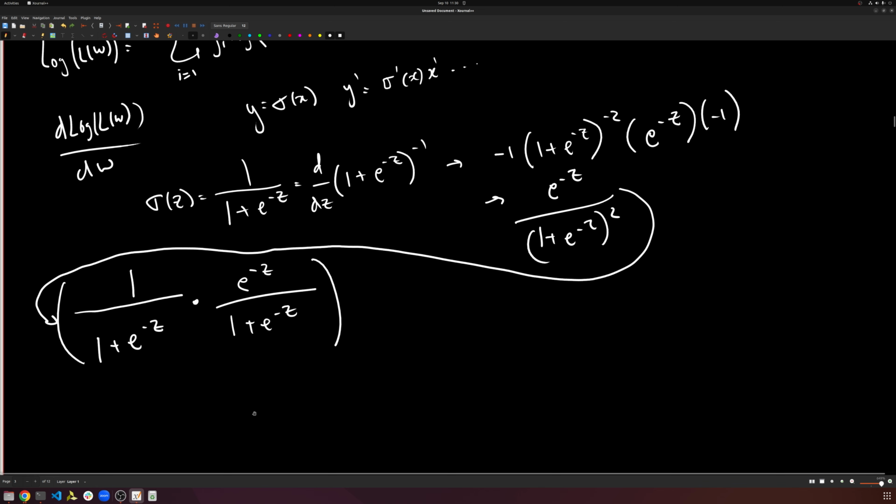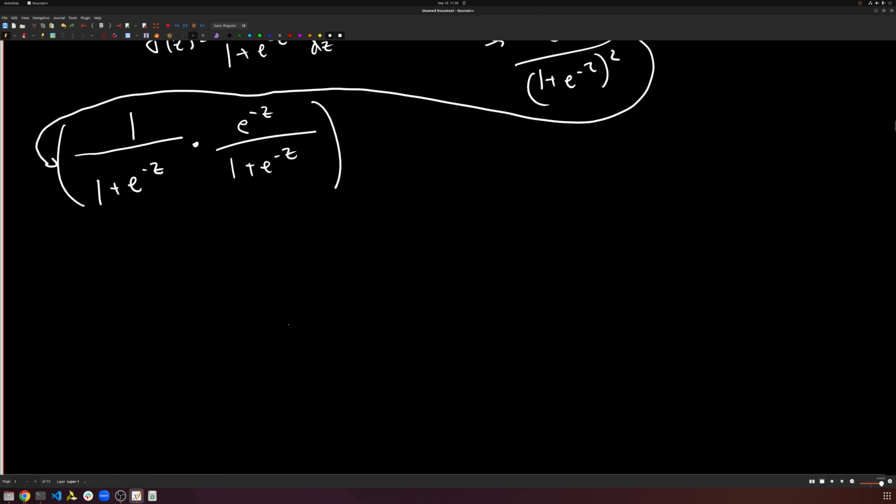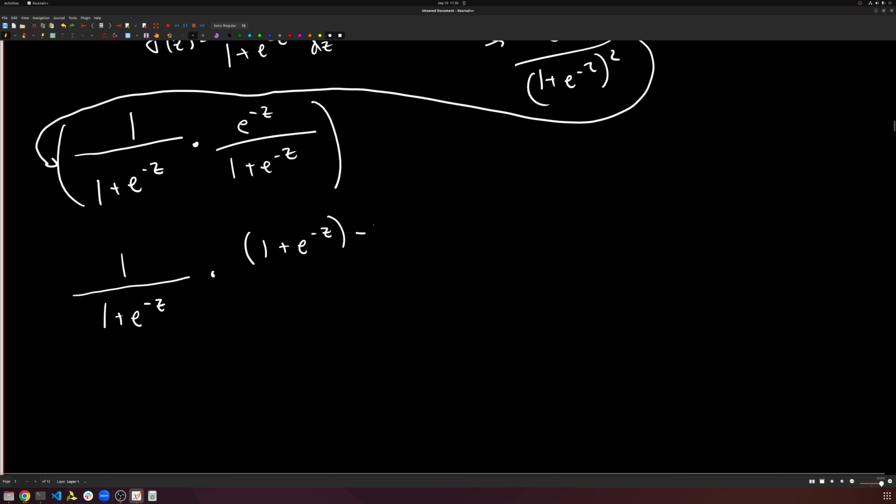No big deal. Now that we have that, we can do a quick little trick. This is the same as 1 over 1 plus e to the negative z times 1 plus e to the negative z minus 1 over 1 plus e to the negative z, right? Nothing too crazy.